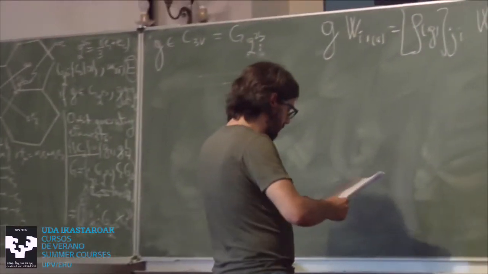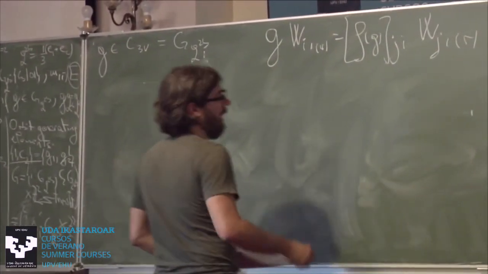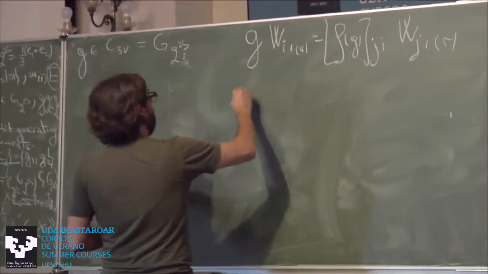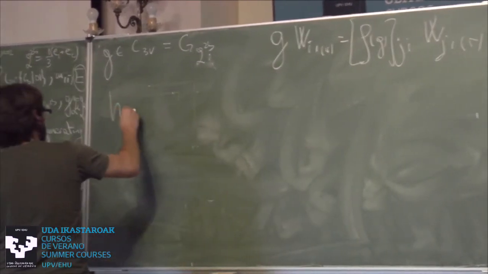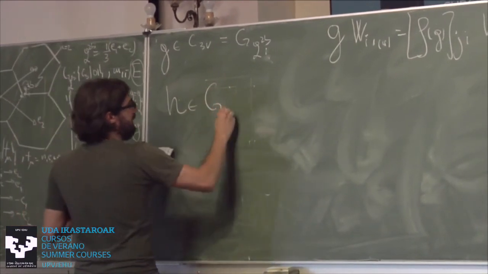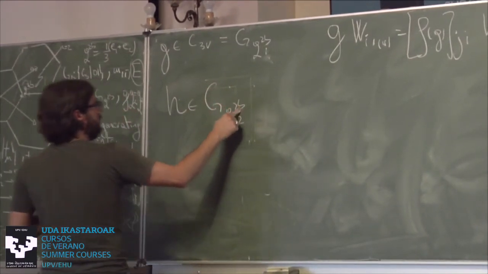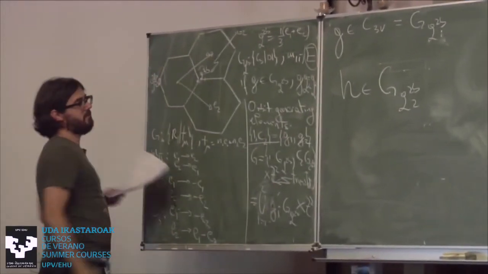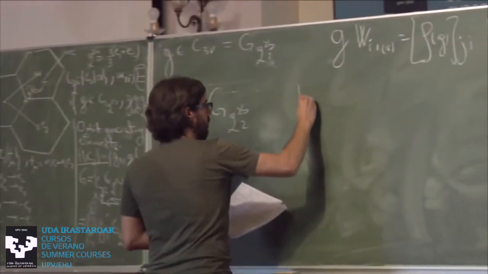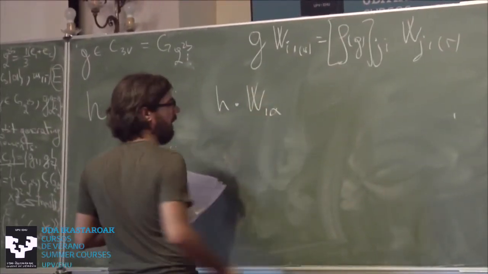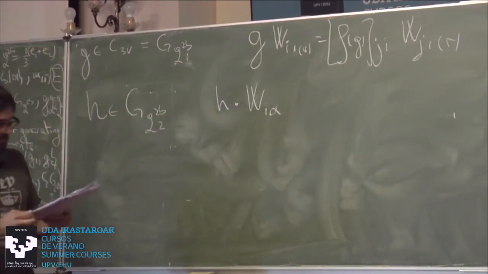So now I want to know how the element H, which is part of the site symmetry group of the Wyckoff position 2b, but this other one, the one that lives here, how this acts on its own basis.